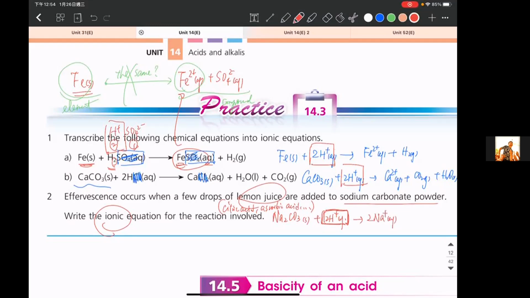Na plus, and then what? CO2, and finally H2O. So this is the ionic equation. Do you understand?